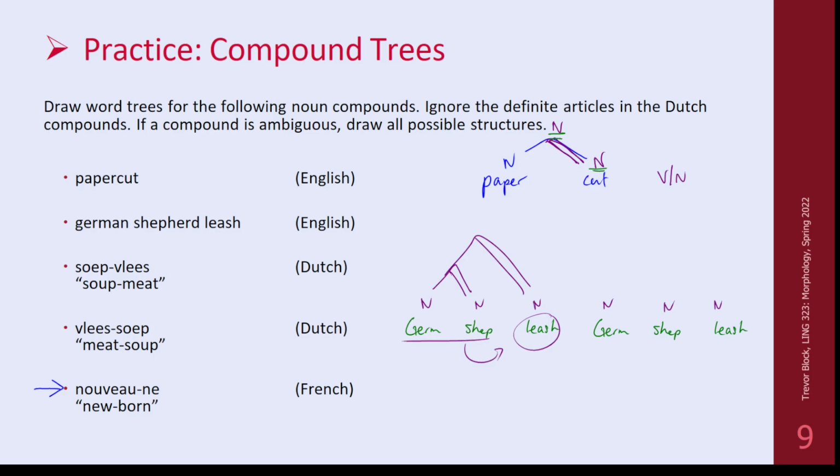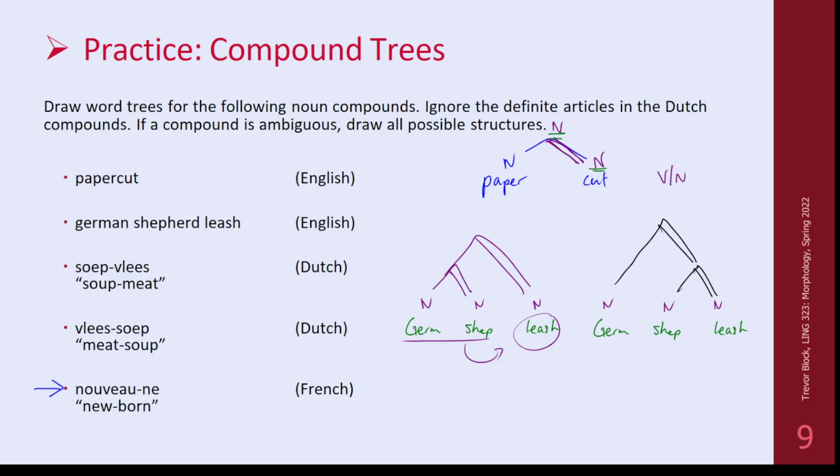Our second possible structure has shepherd leash coming together first. So this is a leash for a shepherd, or it's just a shepherd's. It's a type of leash that is for a shepherd. That's what this is saying. And now we're going to modify it by German.